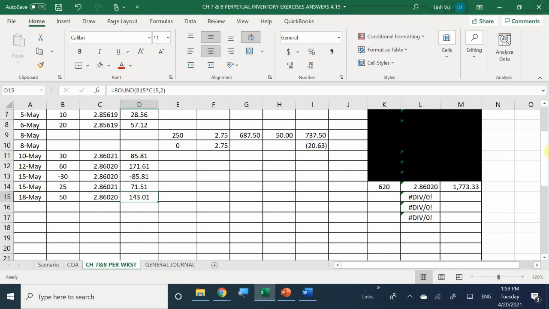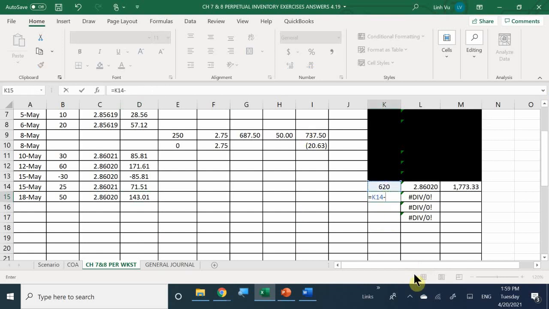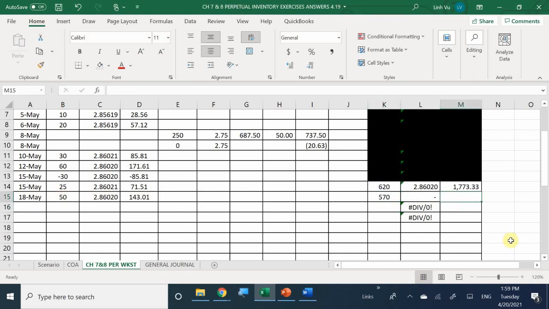So what is going to be my new quantity? 570. Good. What is my new total cost? The 2.86020. Good.